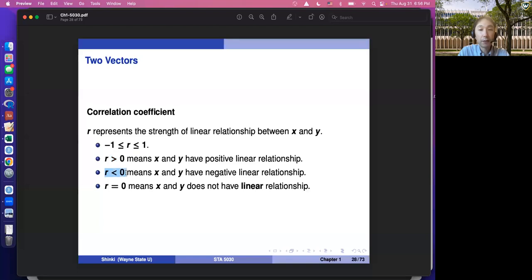When r is negative, x and y have a negative linear relationship: if x is larger, y is likely to be smaller. And r equal to 0 means x and y do not have a linear relationship, so an increase in x does not imply an increase or decrease in y.